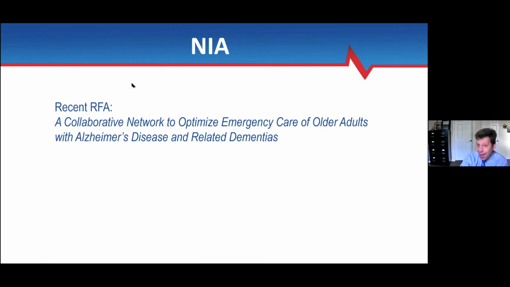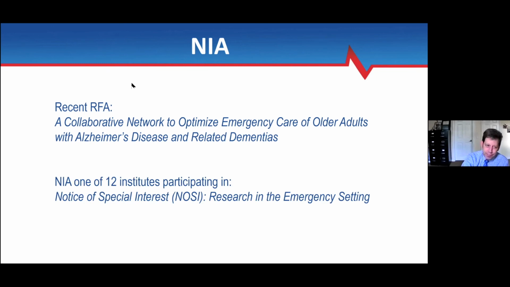But actually, NIA issued an RFA specifically for emergency medicine. Also, NIA is one of the 12 institutes participating in a recently released Notice of Special Interest that you may have noticed, research in the emergency setting. And so wherever you're applying, wherever you are currently, you need to read this Notice of Special Interest and make sure that you're aware whether the institute or institutes that you're interested in applying to are part of it.